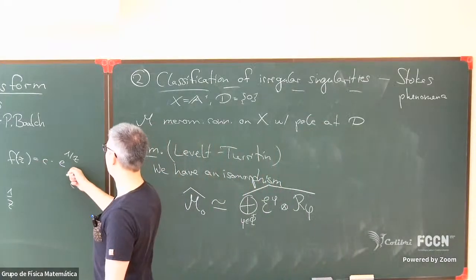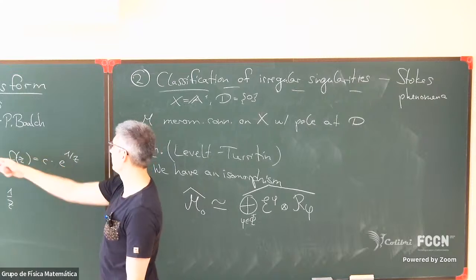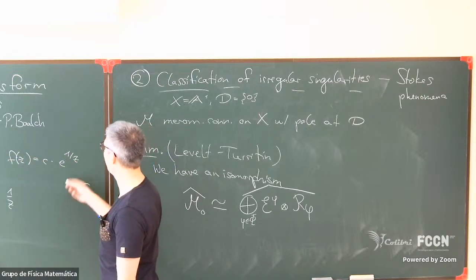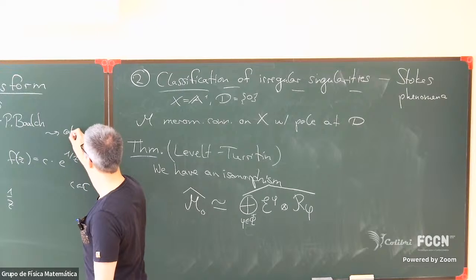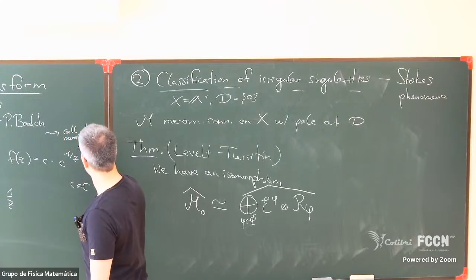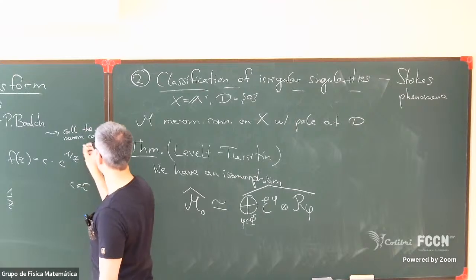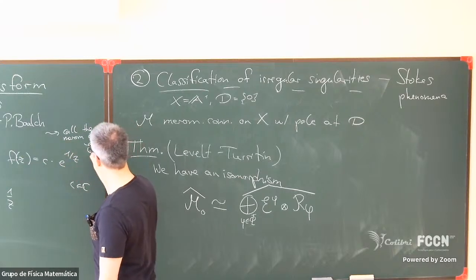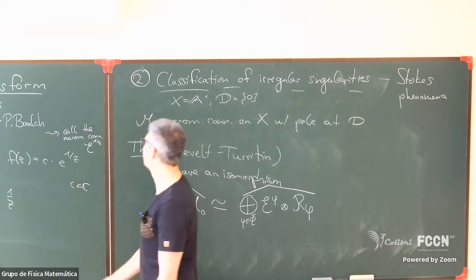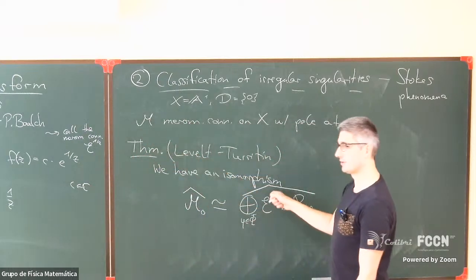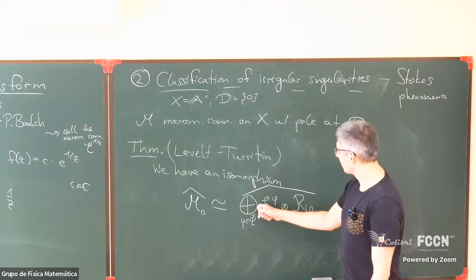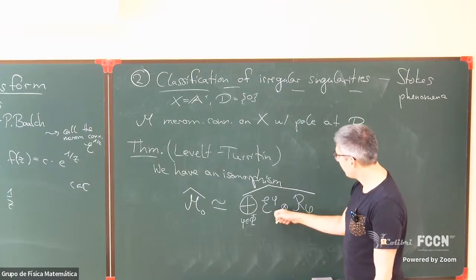So the example here is a differential equation. It has a solution e to the 1 over z. In this case, I will denote the associated meromorphic connection as e to the 1 over z, and similarly e to the phi for different phi's. So this is something that has solution e to the phi.